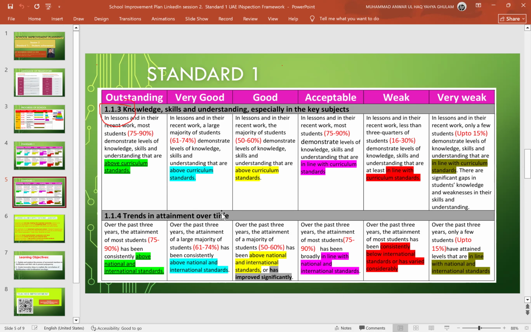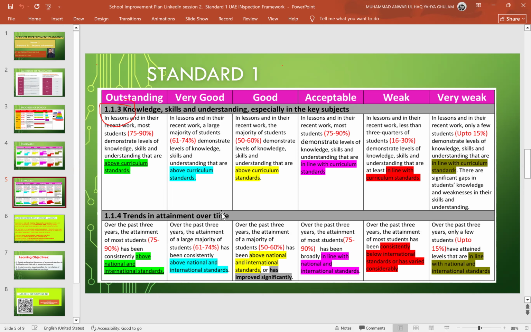For all schools, the minimum requirement from the ministry, SPEA, KHDA, or ADEK, is mandatory: they have to provide three years of data about internal assessments, external benchmarking, and all other related and relevant factors. Over three years of data, it should show some kind of improvement in attainment. So it should show a kind of trend.